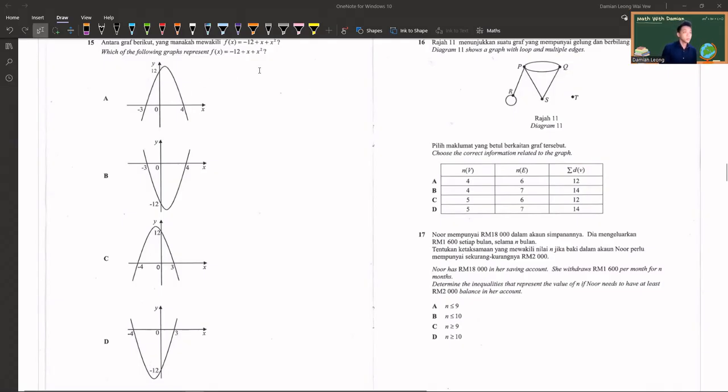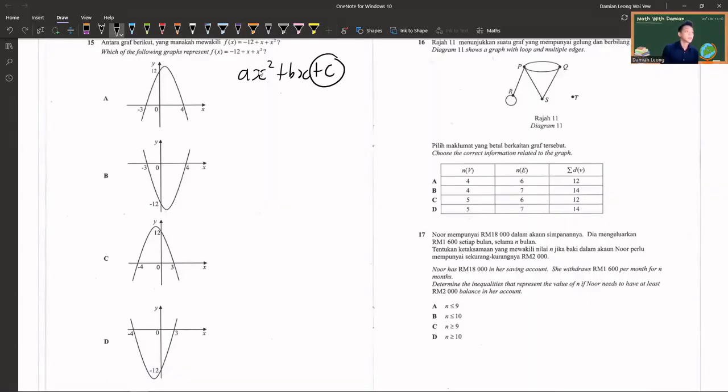So x intercept is negative 3 and 4, then y intercept 12. Y intercept is not 12. Okay. So if we look at the quadratic function, fungsi kuadratik ini, we put in the form ax squared plus bx plus c.